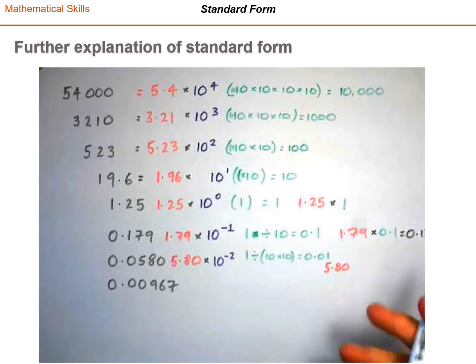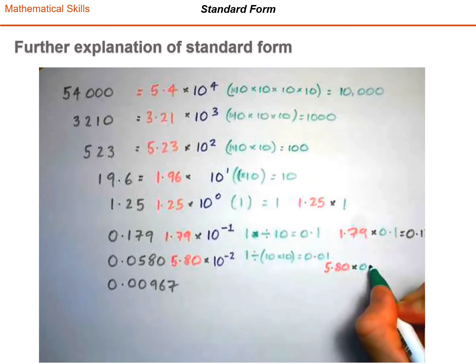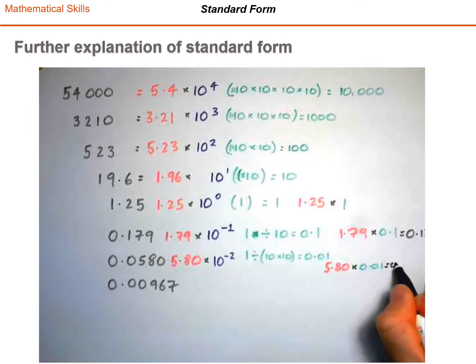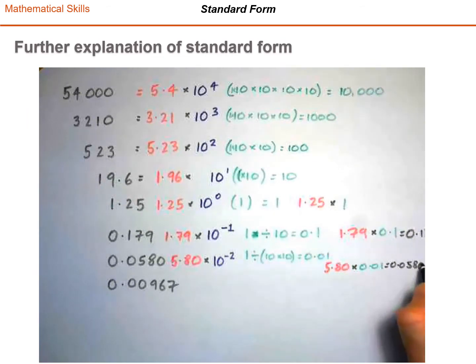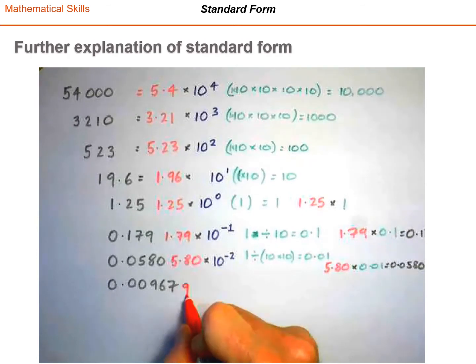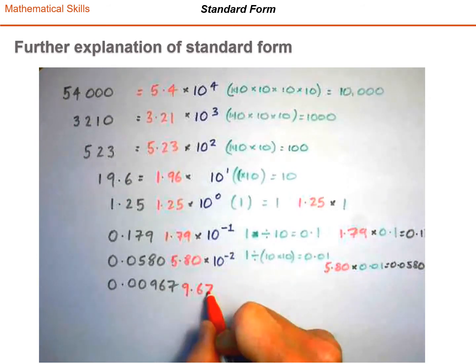So here, what I've got is 5.80. That is then multiplied by 0.01, and that gives me an answer of 0.0580. So for the last one here, hopefully the pattern is now becoming well established for you. We're doing 9.67.